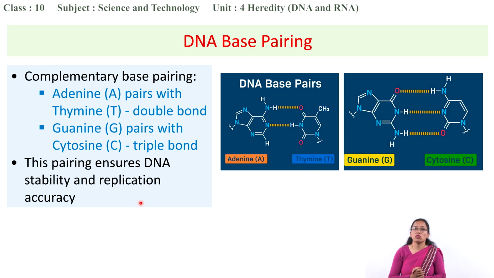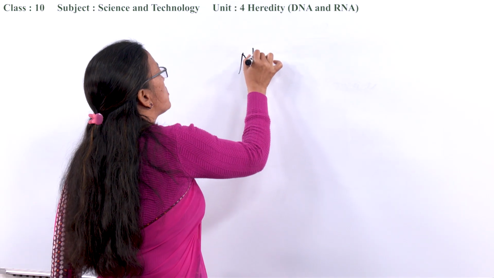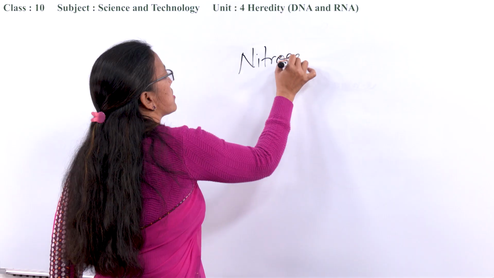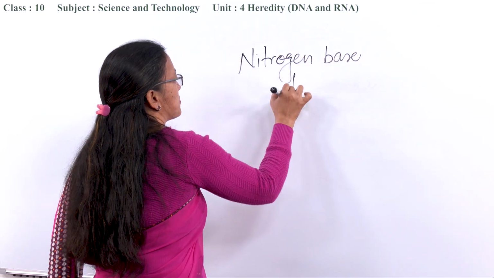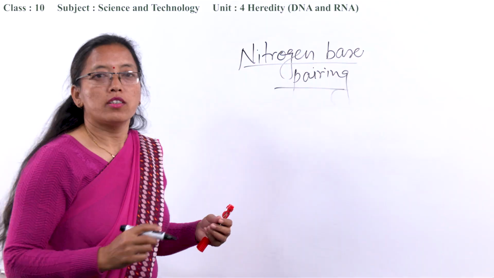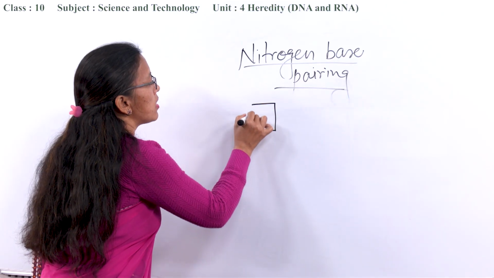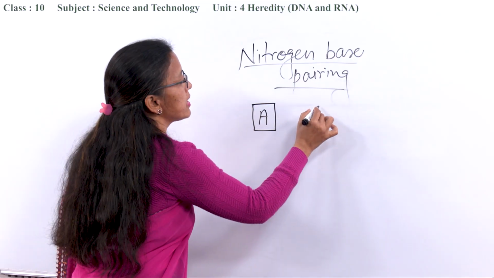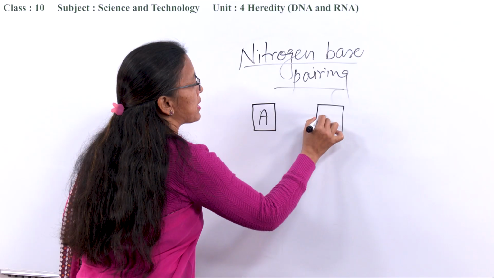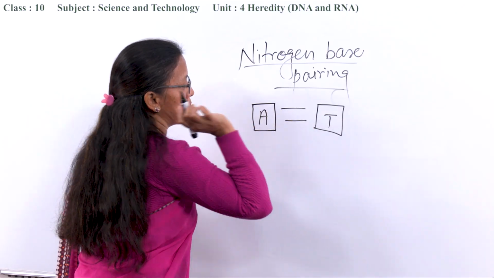In the previous class also, we learned about DNA replication. Once again, how does nitrogen base pairing occur? Suppose this is adenine and it is pairing with thymine with a double bond.